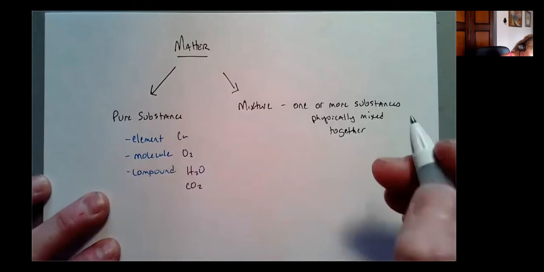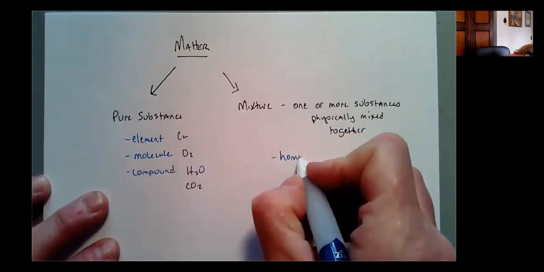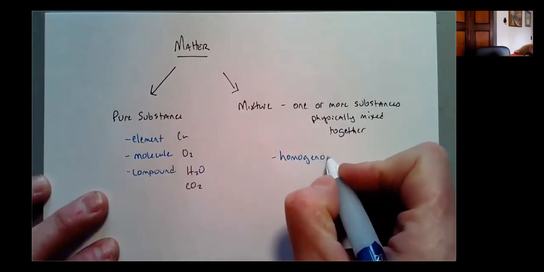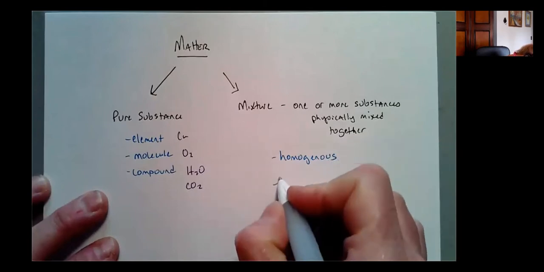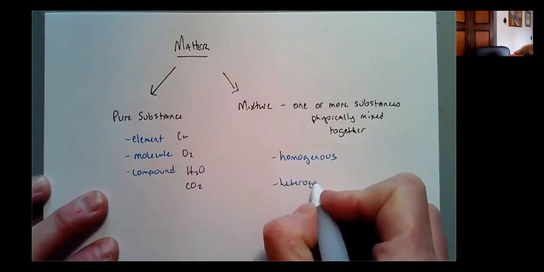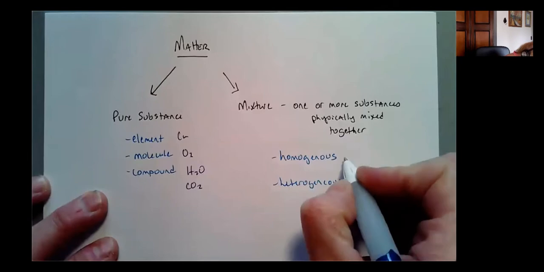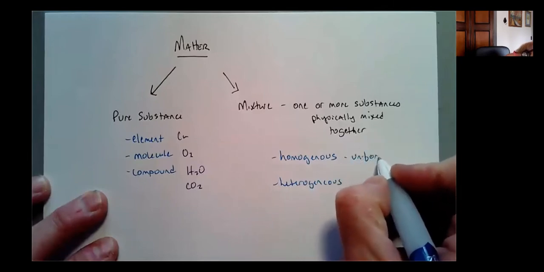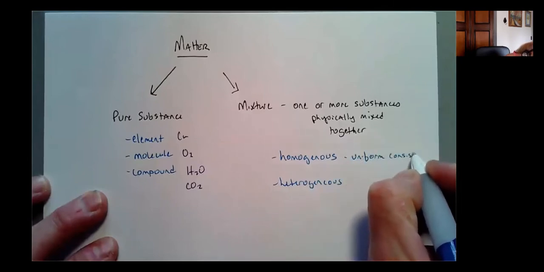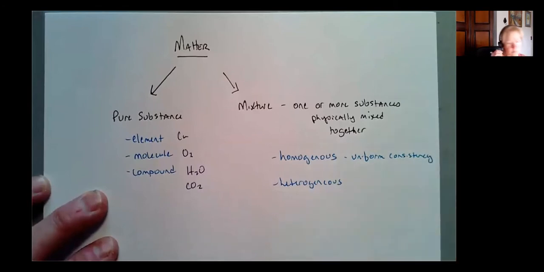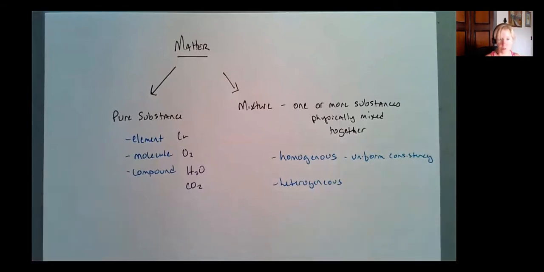And there are 2 types of mixtures. There's a homogeneous mixture and a heterogeneous. A homogeneous mixture has a uniform consistency. So if I were to look at a homogeneous mixture, it would look uniform. If I sampled the top of a mixture and the bottom of a mixture, their composition would be roughly the same because it has this uniform consistency.